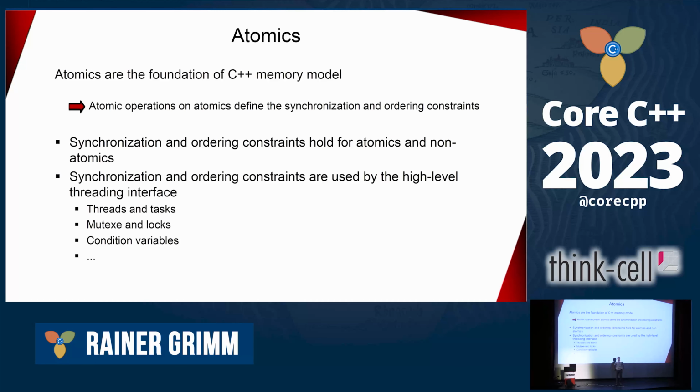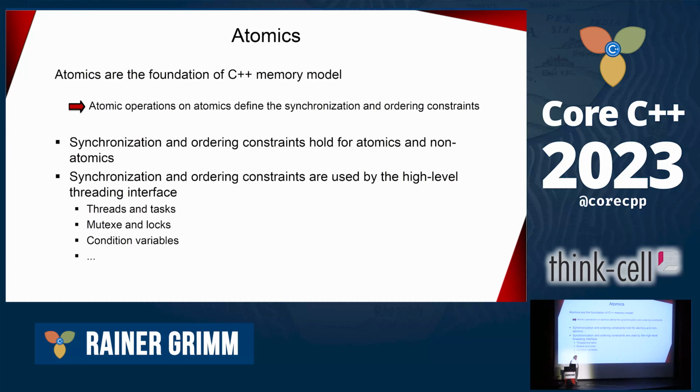Okay, first of all, a little bit of history. We have atomics in C++ since 11. Okay, what can you do with atomics? They provide you atomic operations, which give you synchronization and ordering constraints, which also hold for the non-atomics. This is the key of threading.